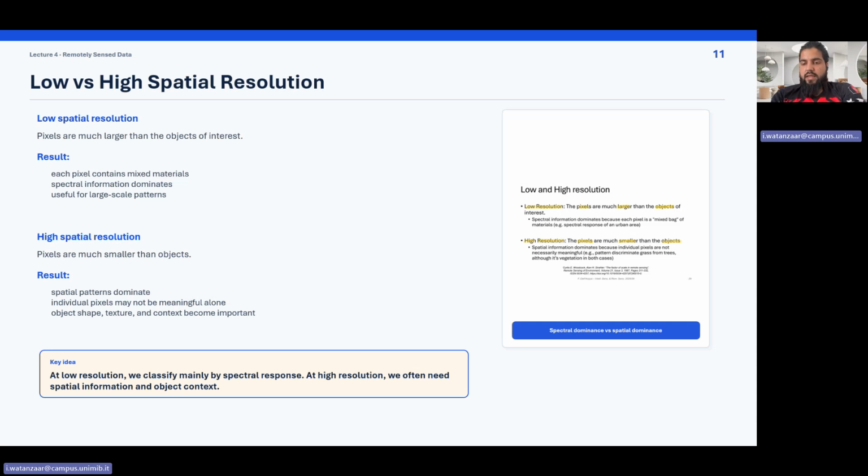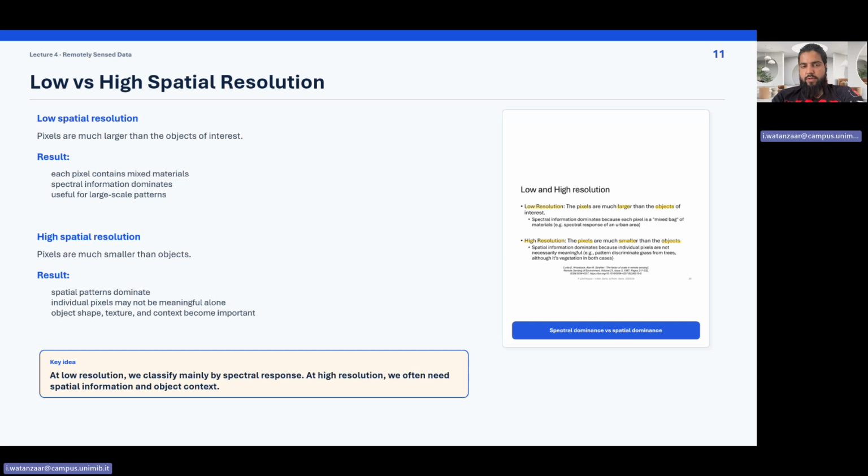Here the pixel is larger than the object of interest. So that's why the spatial information is now not much visible. The spatial information is mostly about the object size and the location. So each pixel contains mixed materials. If we are doing land cover analysis, we can see that the two areas can be interpenetrating or overlapping each other.